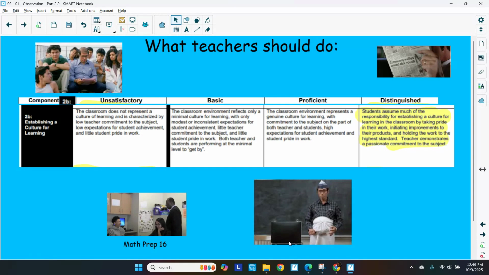So if you haven't seen that movie, check it out. It has some real good things that he's done. And I even see him up here, and the class is around him while he's reading something. So that means he must have a good relationship with them, because they want to get close to him and find out what he is reading. Whereas this teacher up here has his head buried in the newspaper and could not care less.